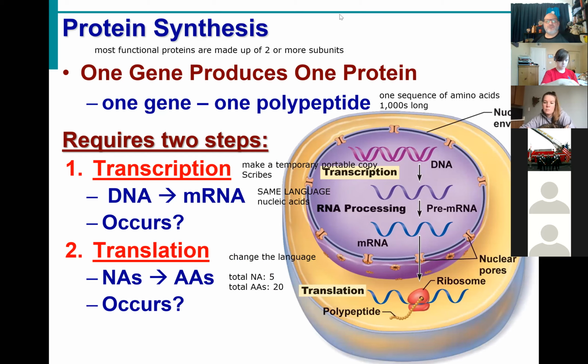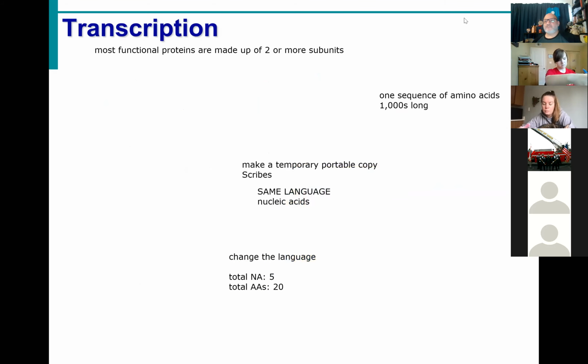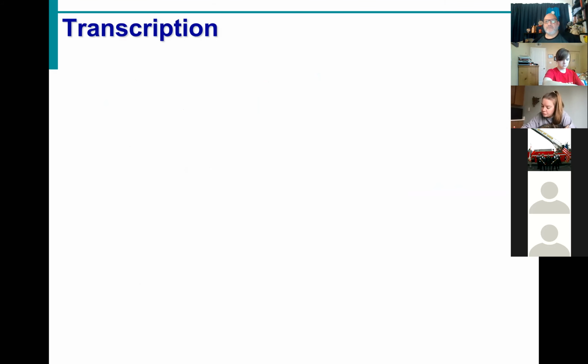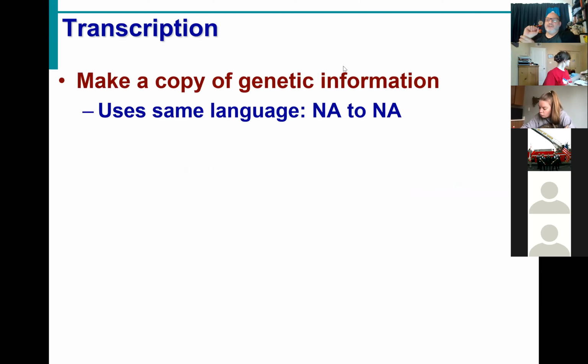Now, we are going to do transcription first, so let's talk a little bit about that. And to do that, we need to talk a little bit more about our nucleic acids. We do know that there are two main types of nucleic acids, DNA and RNA.